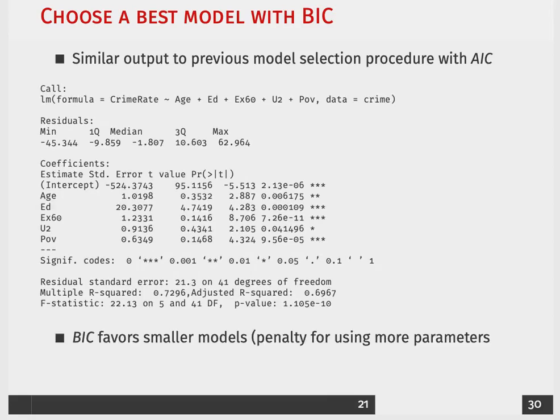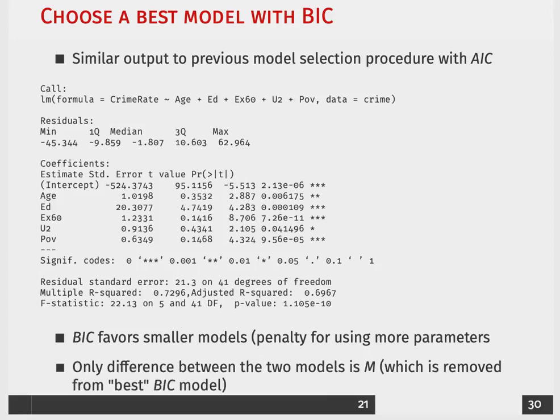The only exception is going to be that one, the BIC is going to favor smaller models because it has a higher penalty when we use more parameters. And so you can see that the only variable that we did not select with the BIC versus the AIC is M. And so sometimes these will differ, but most of the time you may end up getting the same answer because there is very little difference between the AIC and the BIC, especially in this case because you only have age, ed, x60, u2, and POV and M, so about 6 or 7 covariates.